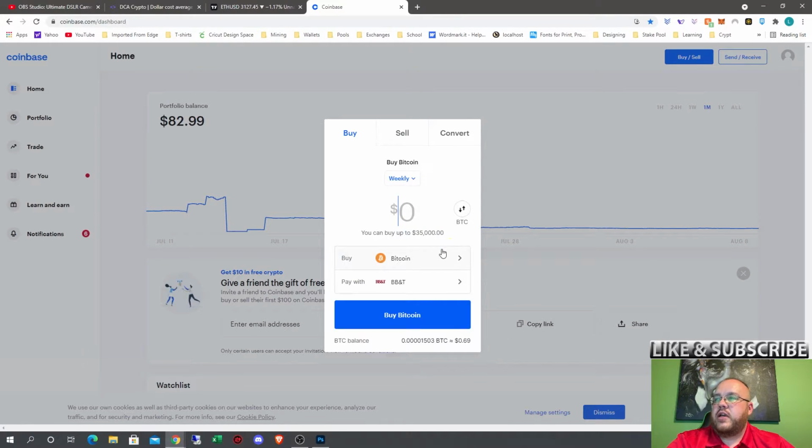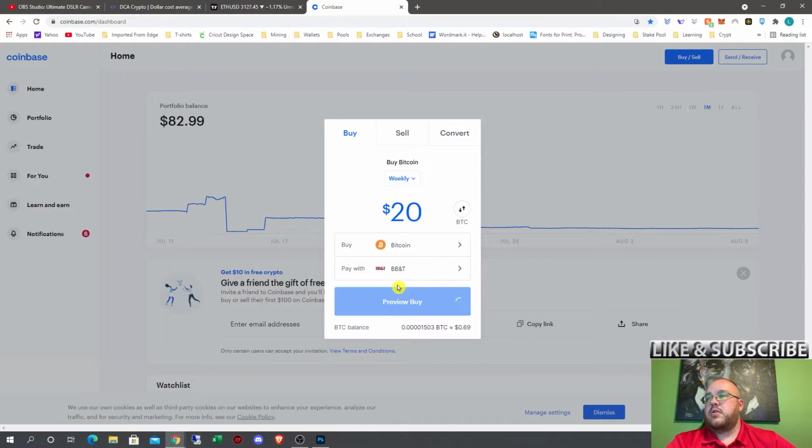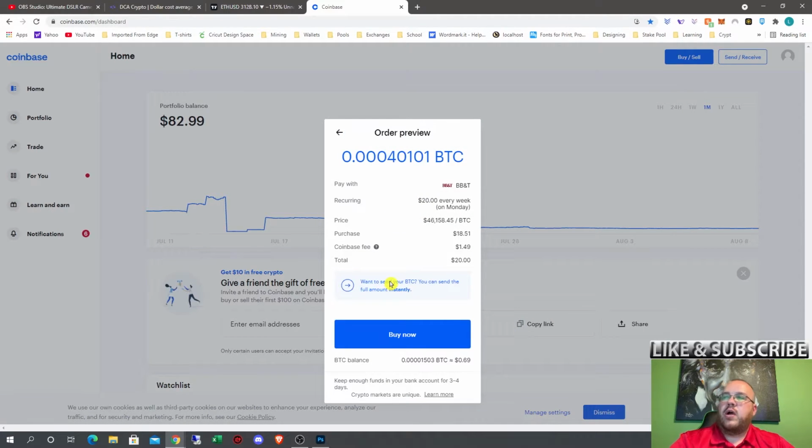You hit custom if you don't see a price you want, so you can do $20 a week or whatever. Say if I did 20, you preview buy. You're always going to have a Coinbase fee. You always have a Coinbase fee, and it'll show you how much the total is. That's the price right now that I'd be paying. It would go by whatever the price is at that time. So if the price is down in 1 week, it would buy at that price, and you would get slightly more Bitcoin.